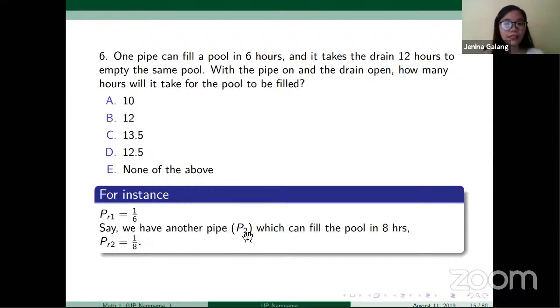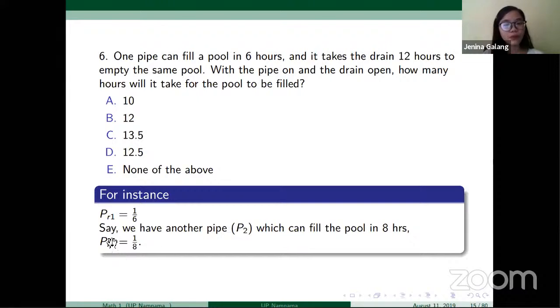Then the rate of this second pipe is 1/8. So, ibig sabihin kapag nakalipas na yung 2 hours, pipe 1 can fill 2 over 6, which is 1/3 of the pool. So kapag 6 hours, na-fill niya na yung pool.